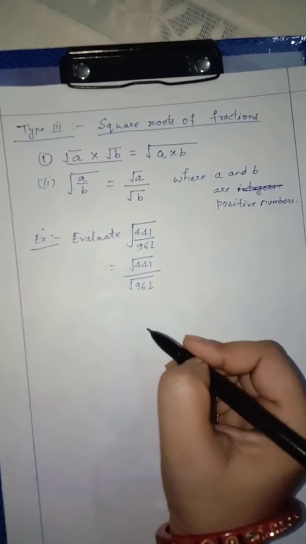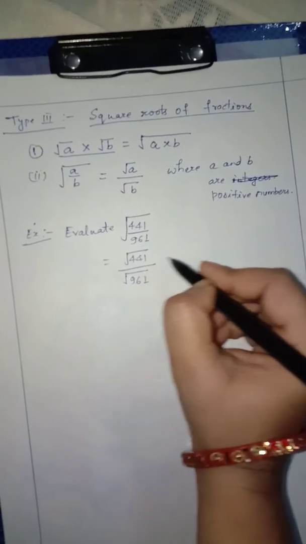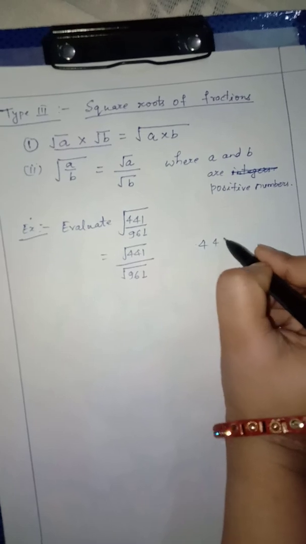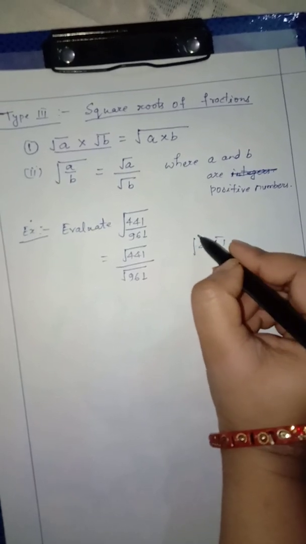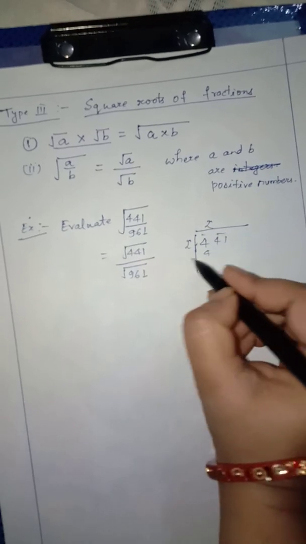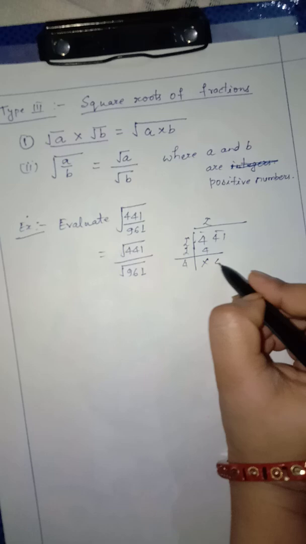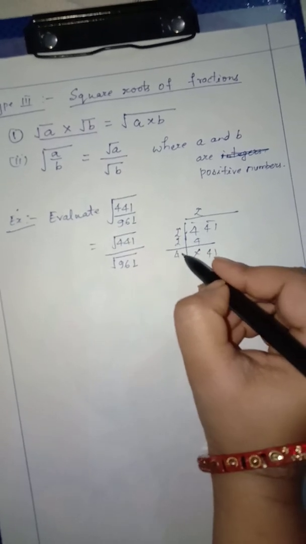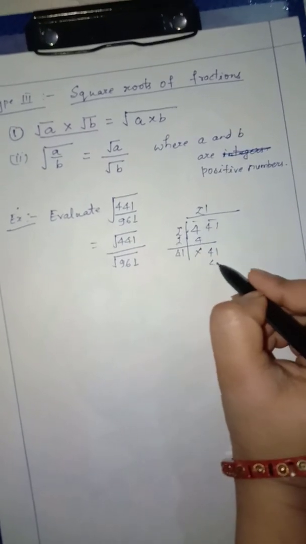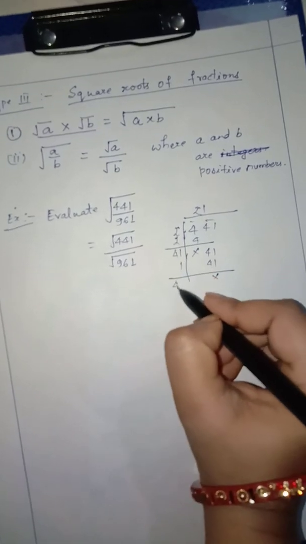By applying the long division method, we will easily find the square root. 2 2s are 4, next pair 41, 41 1s are 41.